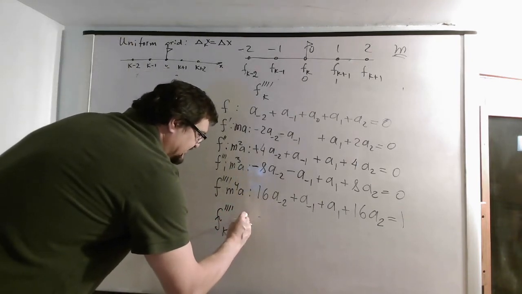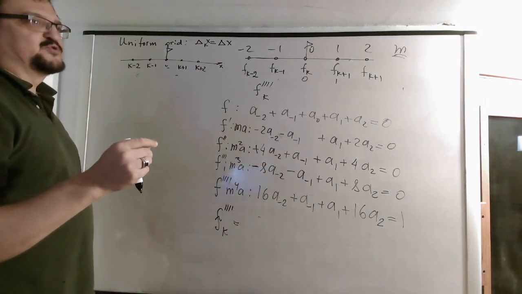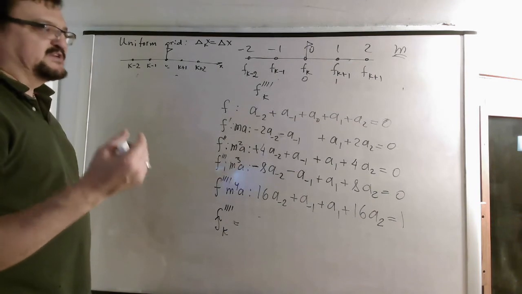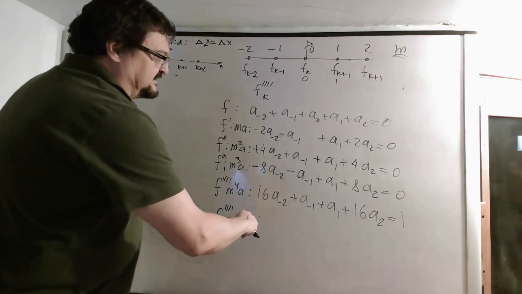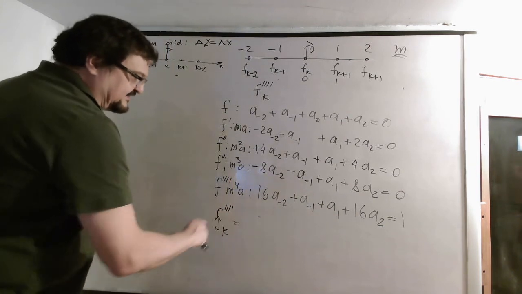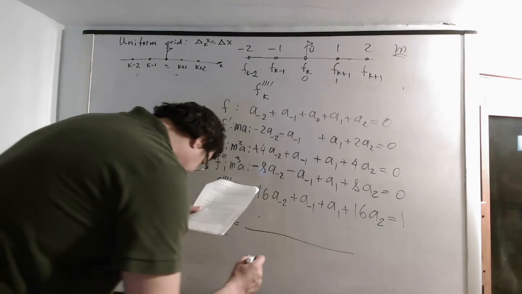So 4 factorial is, 3 factorial is 6, so times 4, 24, and then you will have some denominator, and I will cancel that, so that's why I won't write it like this, but I just write the final result.